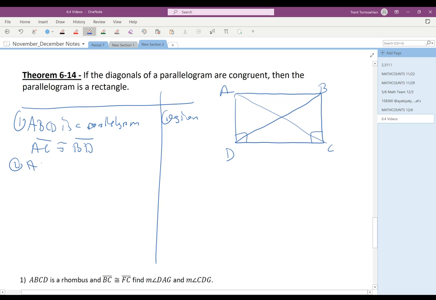Again, we know that AD is congruent to BC because opposite sides of a parallelogram are congruent. And then we also know that DC is congruent to itself by the reflexive property.